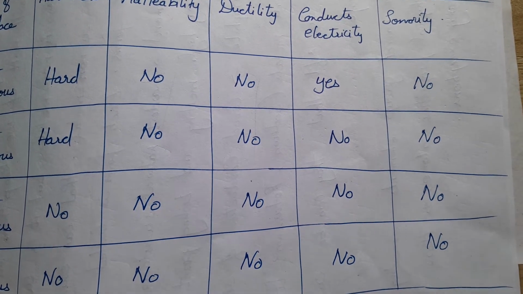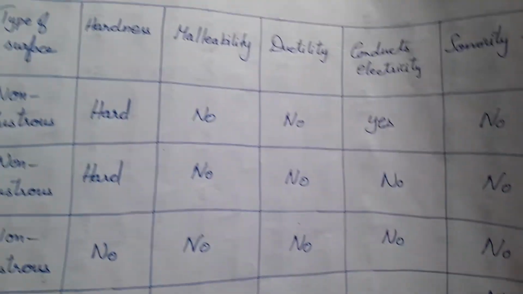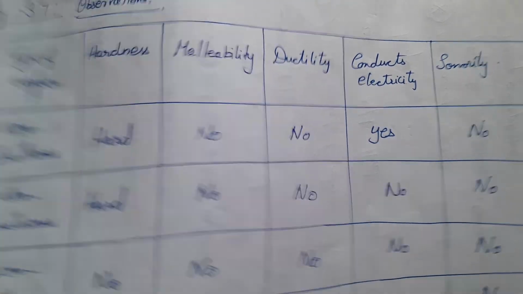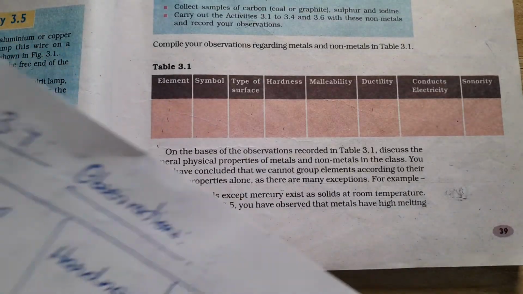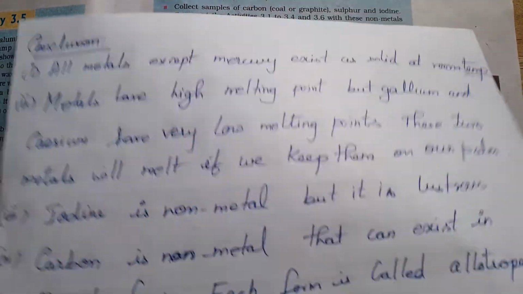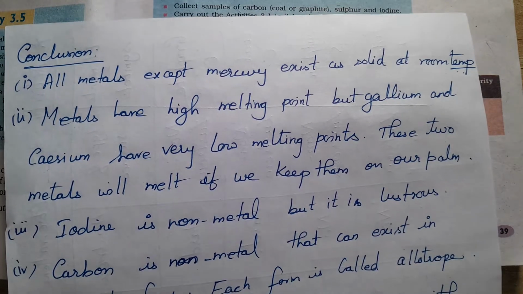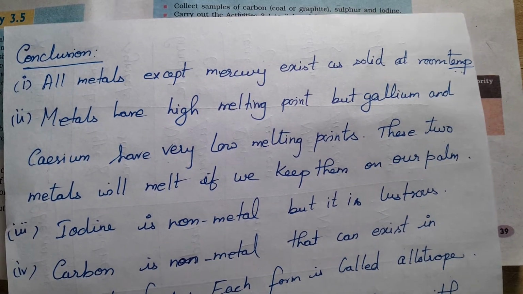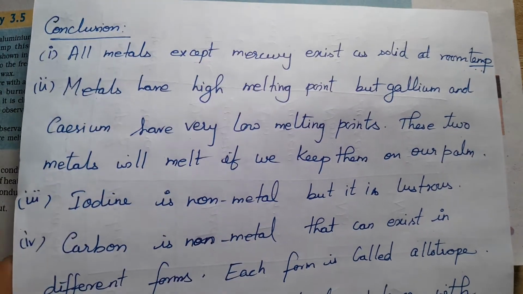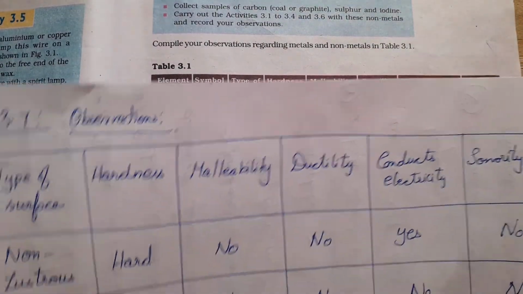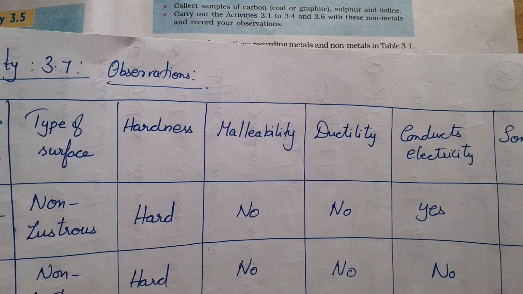So what is the conclusion from this activity 3.7? With these physical properties alone, we saw that graphite is a good conductor of electricity, but it is a non-metal. Usually metals are good conductors of electricity.